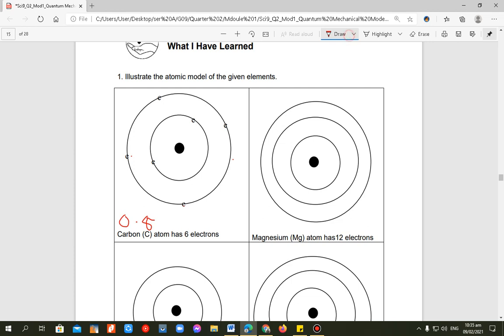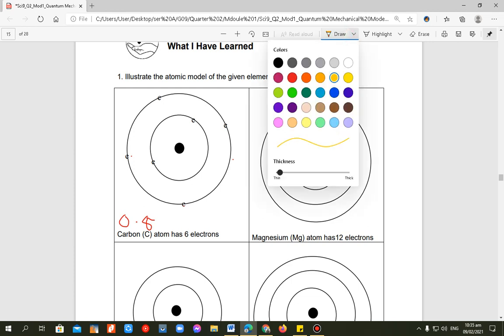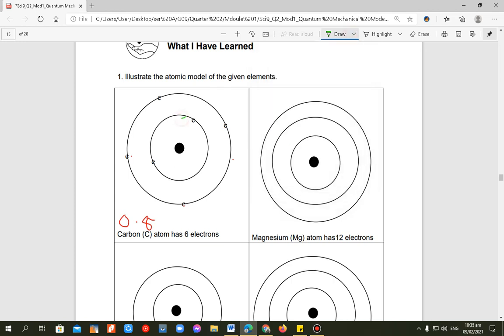Wherein, nasabi po natin kanina, dito sa first orbital, is 2 lang yung kaya niyang i-hold. So, 1, 2. Yan, 2 na. So, the second orbital naman, yung kaya niyang i-hold is 8.